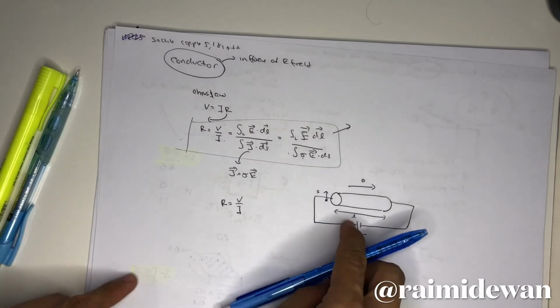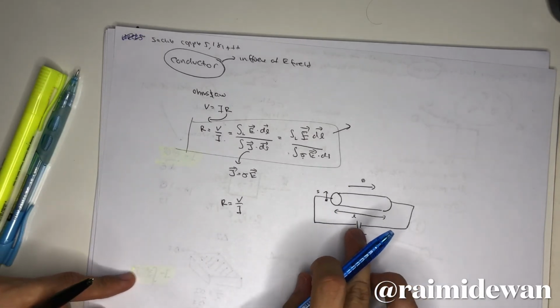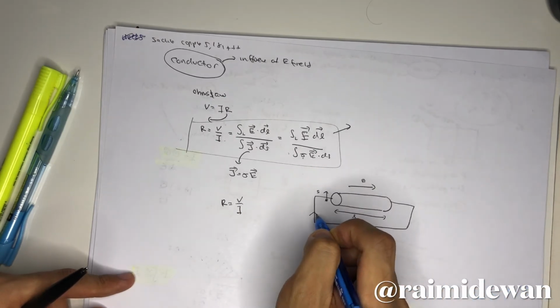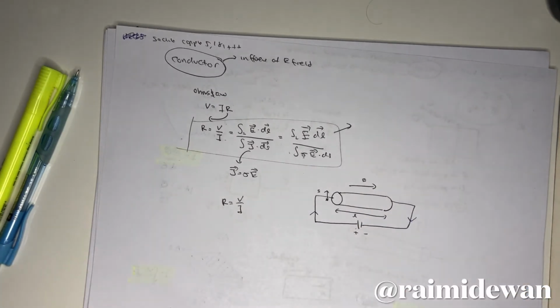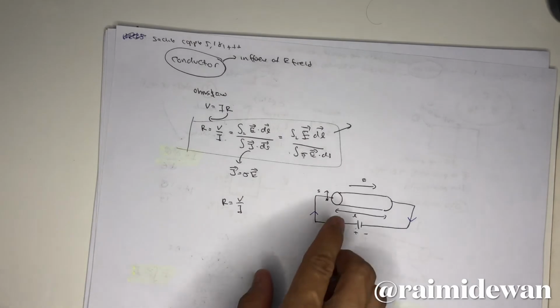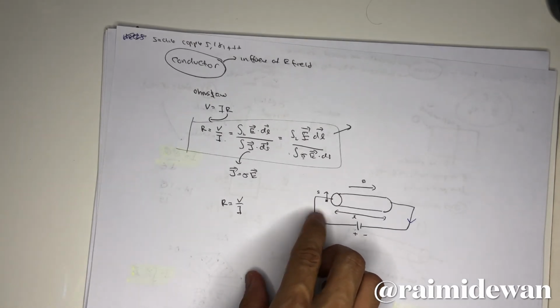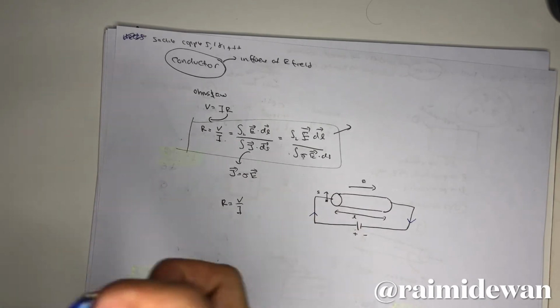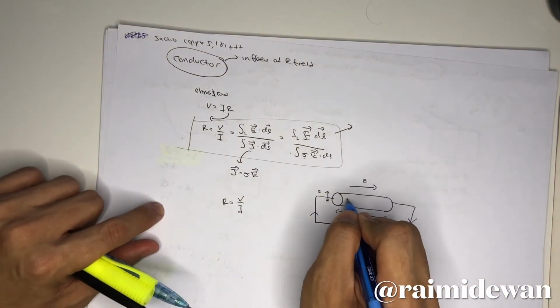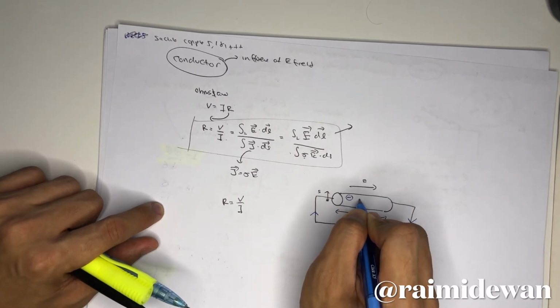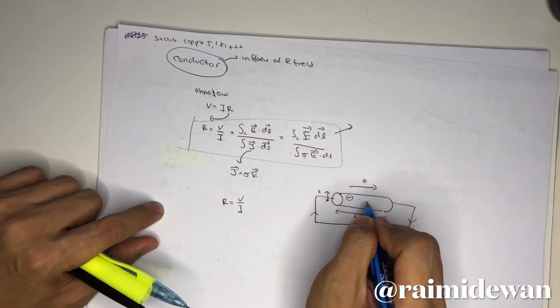Then you know the conventional current moves from positive to negative, right? So you have this as your current direction. Because you have this as your conventional current, the electron current moves in the opposite direction, so here.